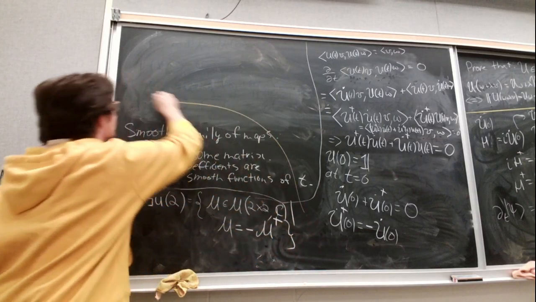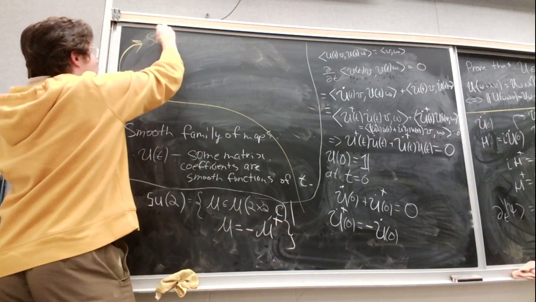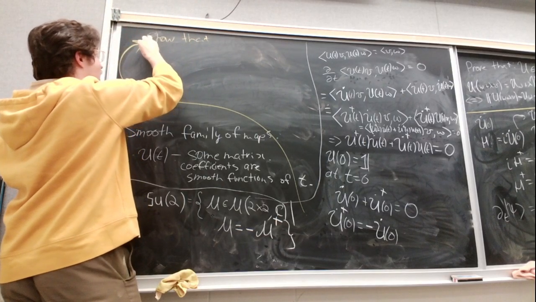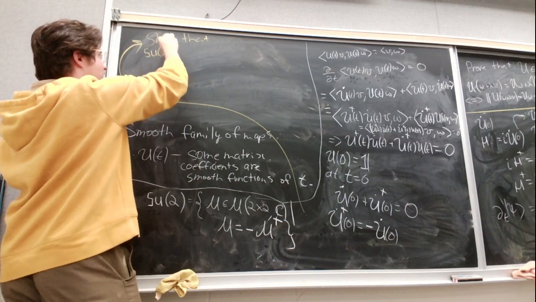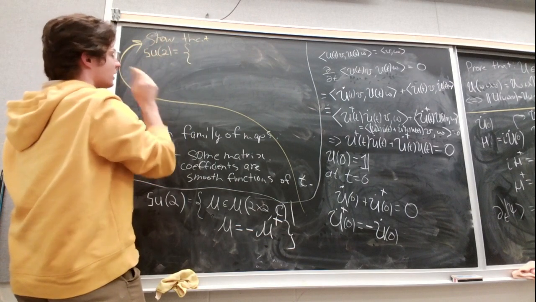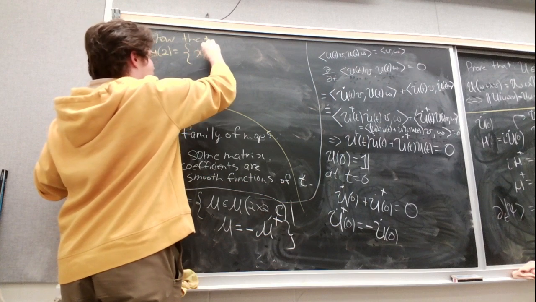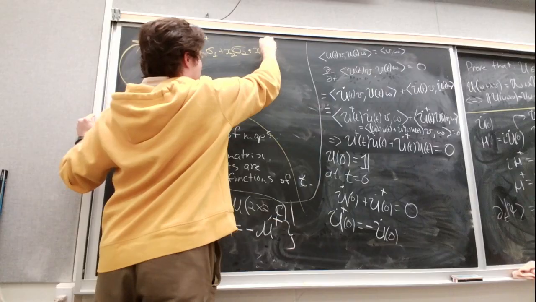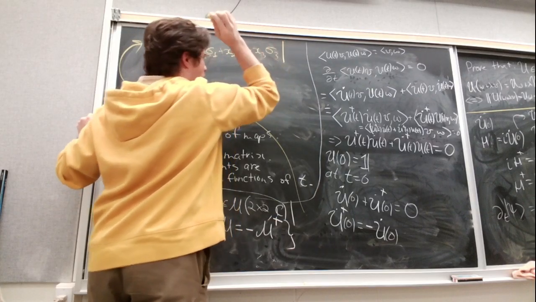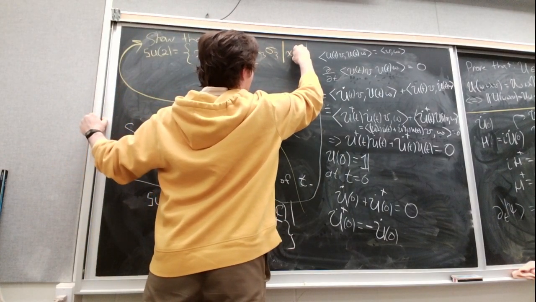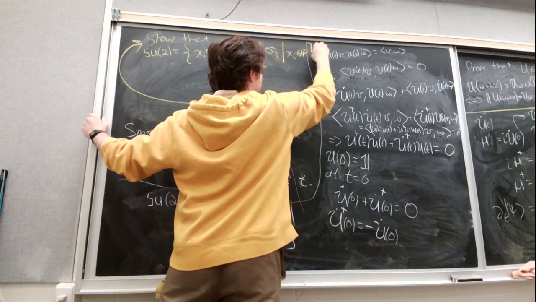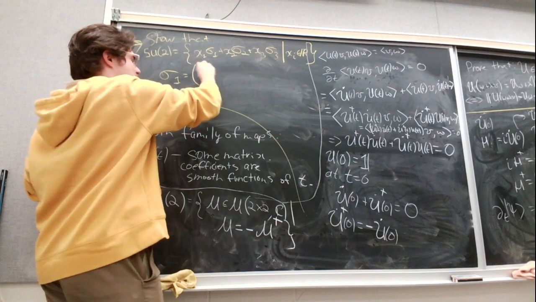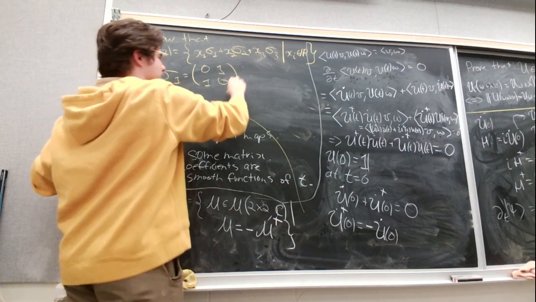So we now go up to here. Show that SU2 can be written as x1 sigma 1 plus x2 sigma 2 plus x3 sigma 3, where all the xi's are real numbers, and sigma 1 is, I think it's like this.